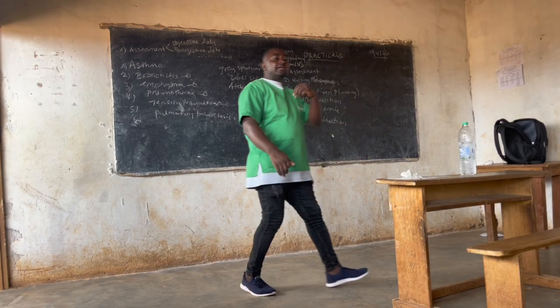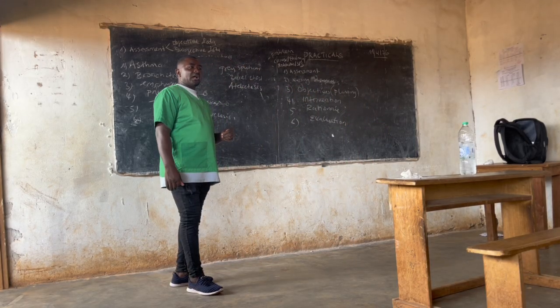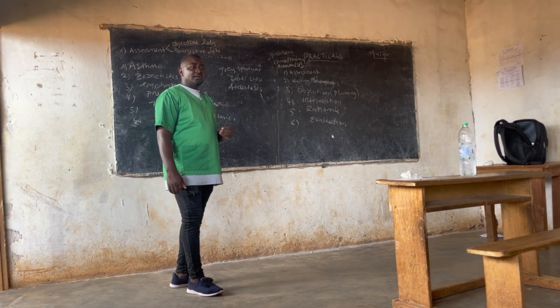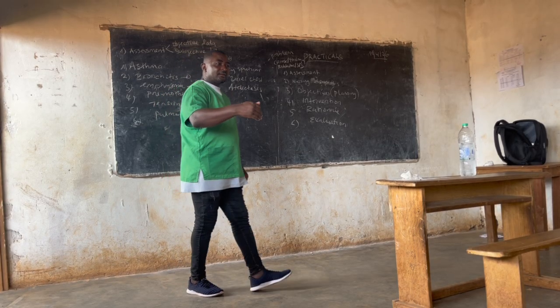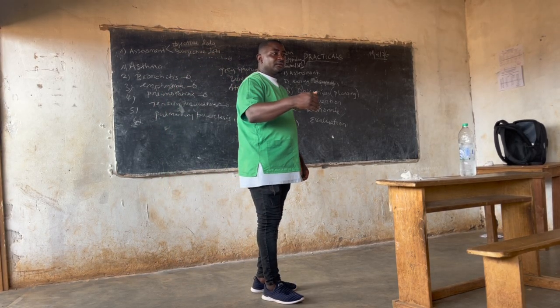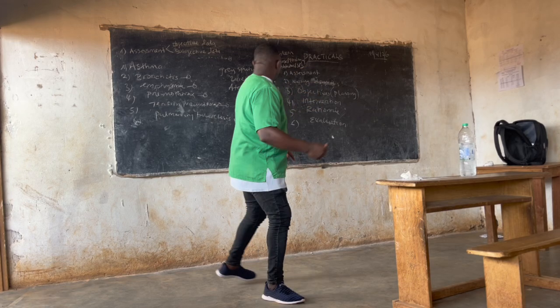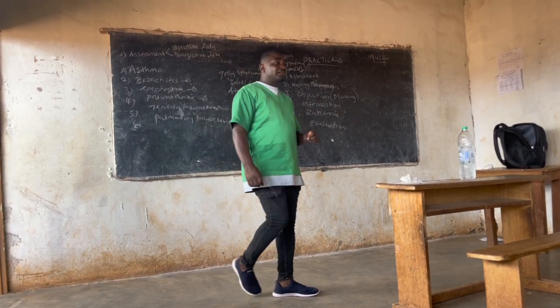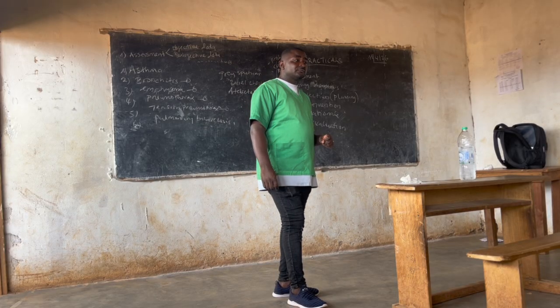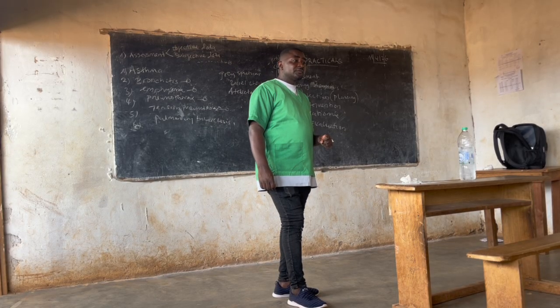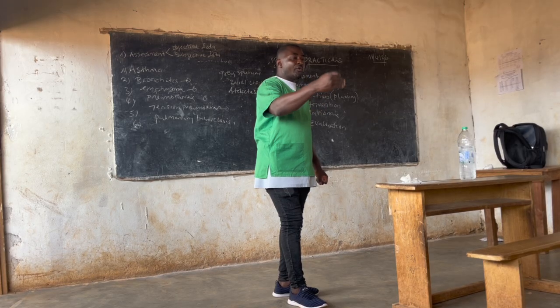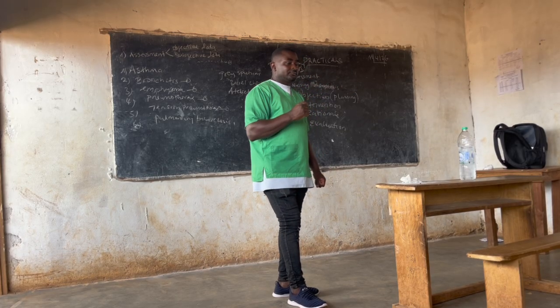So when you are in the ANC, antenatal care, with a client, and you discover that there is what we call gestational diabetes. What's gestational diabetes? Gestational diabetes is a diabetes that you acquire when you are pregnant. Are we there?